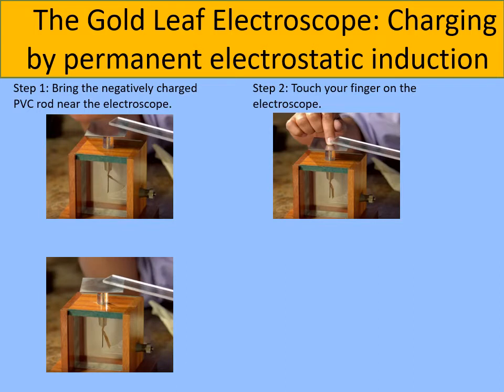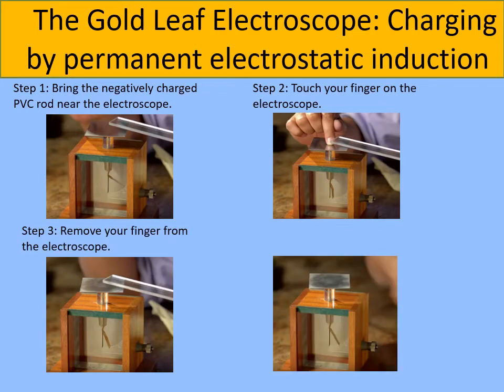If I remove my finger now, there is a deficit or shortage of electrons on the electroscope, so it's now positively charged. So when I remove the PVC rod, we see the net positive charge causing a deflection of the gold leaf.